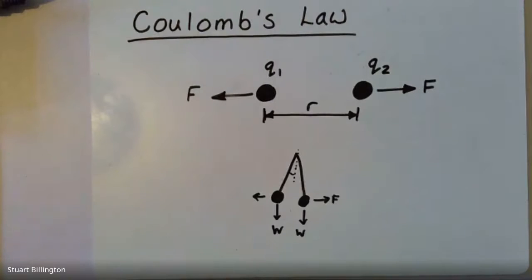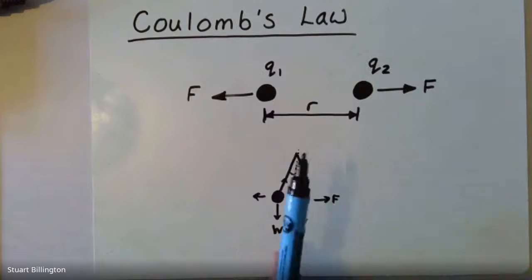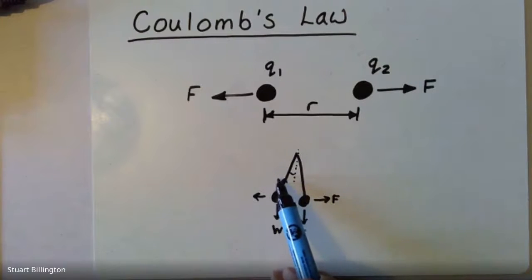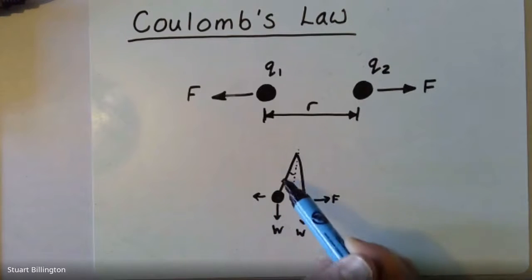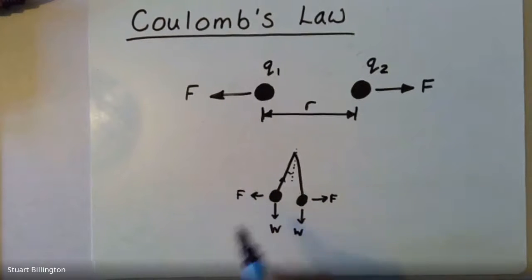Then by doing a little bit of resolving vertically and horizontally using the tension in the string, if we resolve vertically, we can find the tension in the string. This vertical component of the tension will be equal to the weight. And then if we take the horizontal component of that tension, that'll give us the size of the force. So this force is measurable.